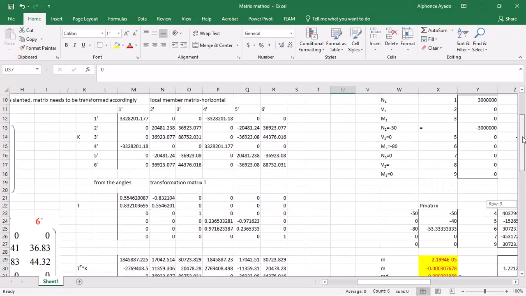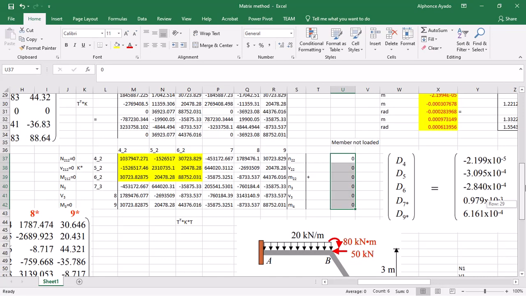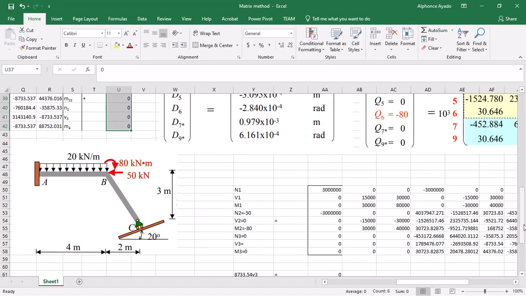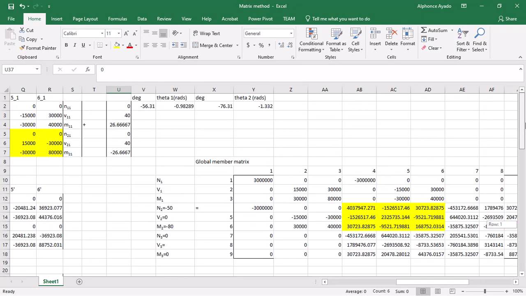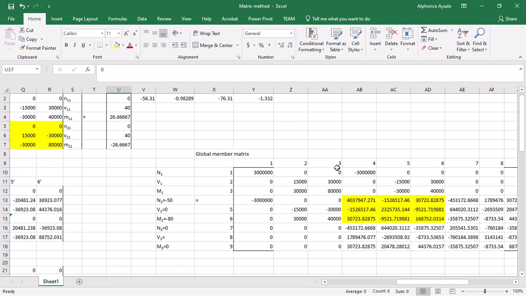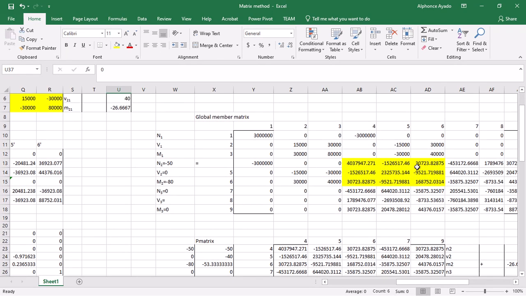So what is remaining now is to assemble the global stiffness matrix, which consists of just the two matrices you already assembled. So global stiffness matrix, I think simple, because if you arrange 1 2 3 4 5 6, you only worry that this area is going to overlap. The rest you just copy.